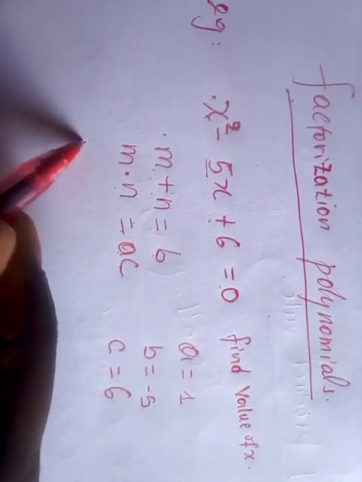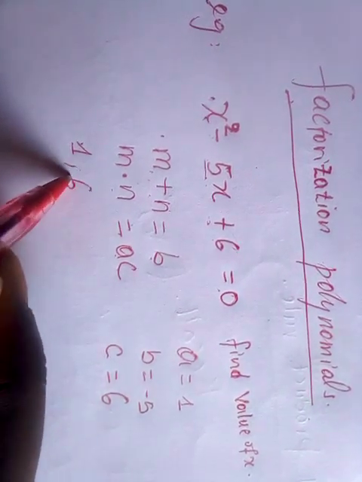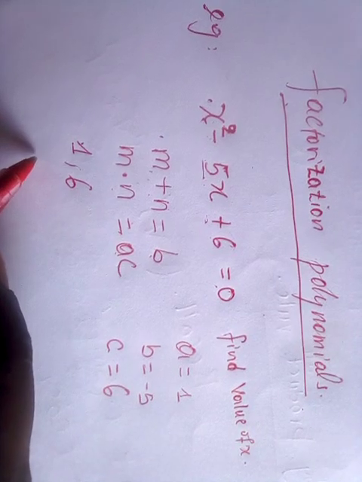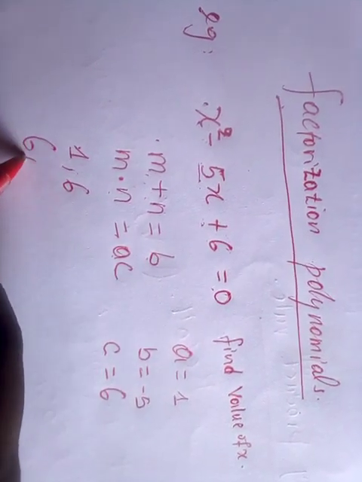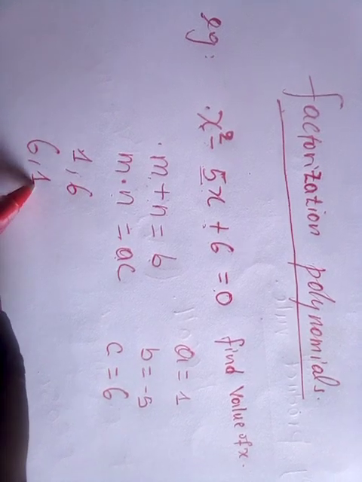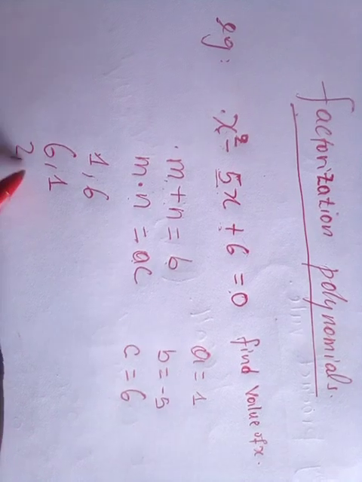It can be 1 and 6. Those two numbers look like factors. 1 and 6, maybe 6 and 1, maybe 2 and 3.